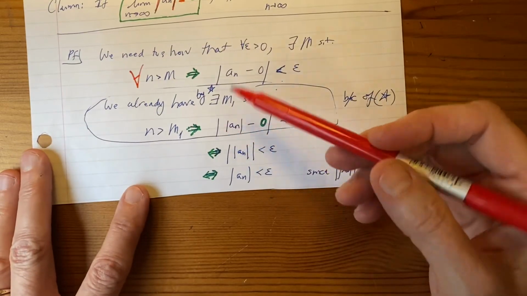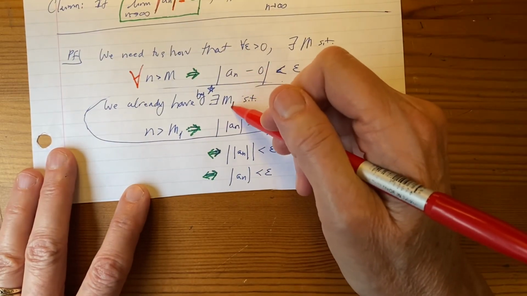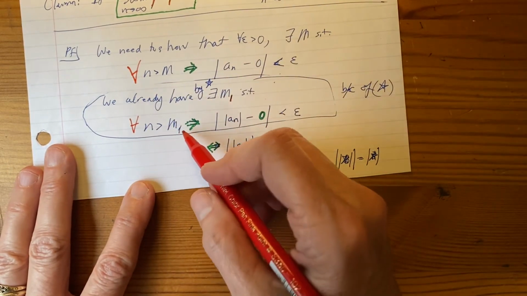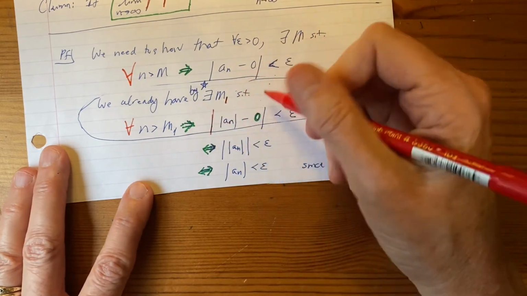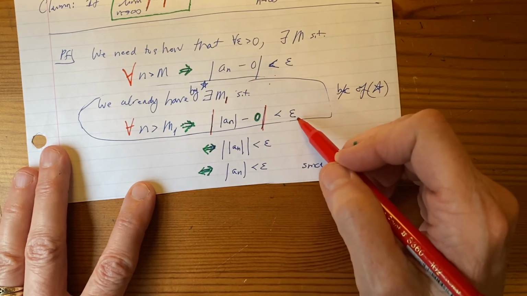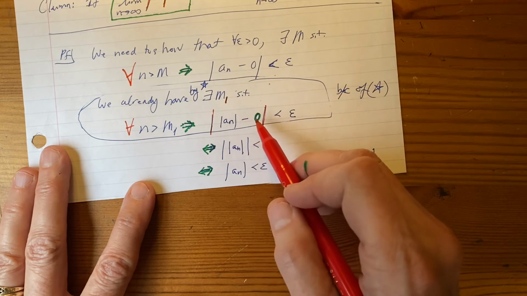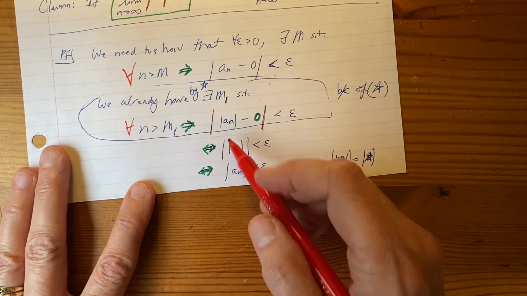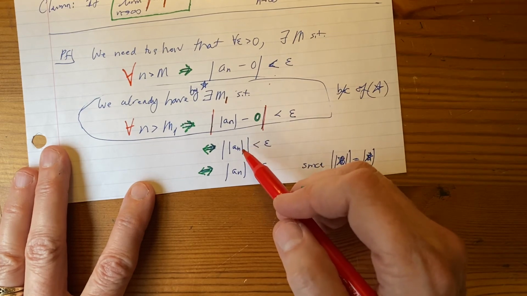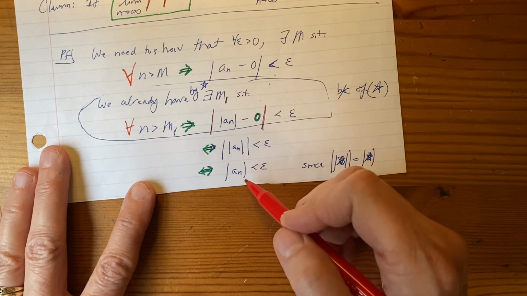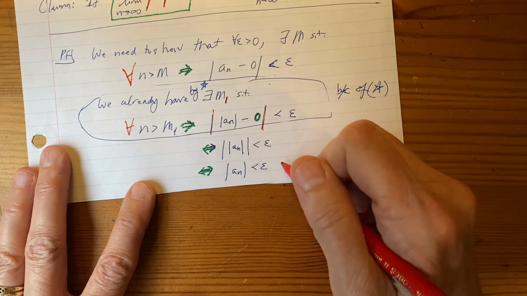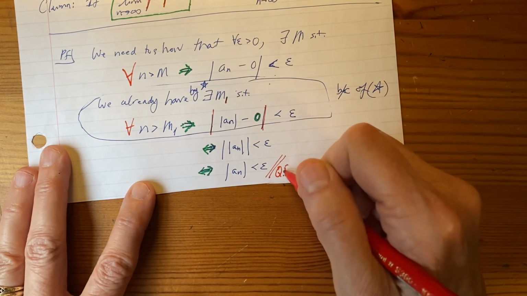We already have that there exists some large number, let's call it M1, such that for all n greater than M1, the distance between the absolute value of a sub n and 0 is less than epsilon. Well, subtracting 0 doesn't make any difference, so we're looking at the absolute value of the absolute value of a sub n. A sub n is some real number. That's the same thing as just the absolute value of a sub n, and that's all we needed.